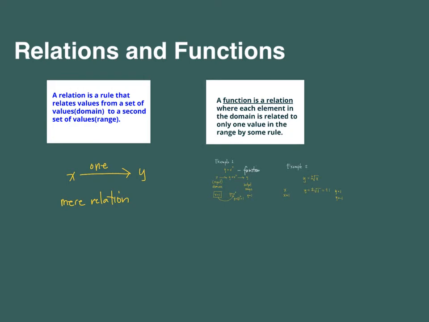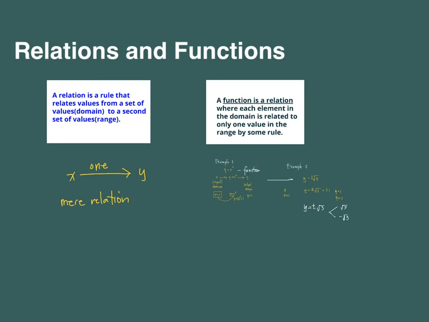In the second example, y is equal to positive or negative square root of x. As we input values of x, say this time we input x equals 3, then y is equal to positive or negative square root of 3. And that means a positive square root of 3 and a negative square root of 3.